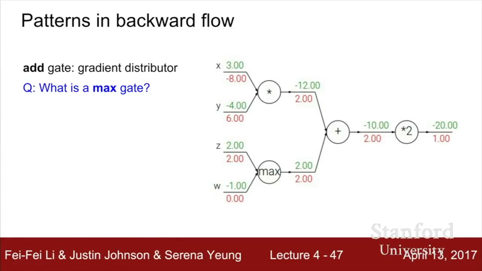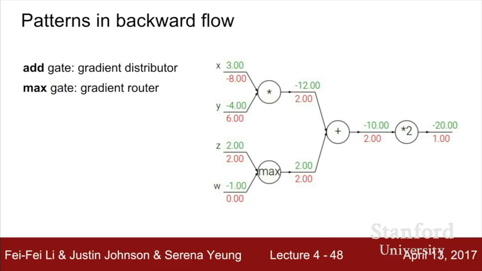Exactly. So the answer that was given is that z will have a gradient of 2, w will have a gradient of 0. One of these is going to get the full value of the gradient just passed back and routed to that variable, and the other one will have a gradient of 0. So we can think of this as a gradient router.